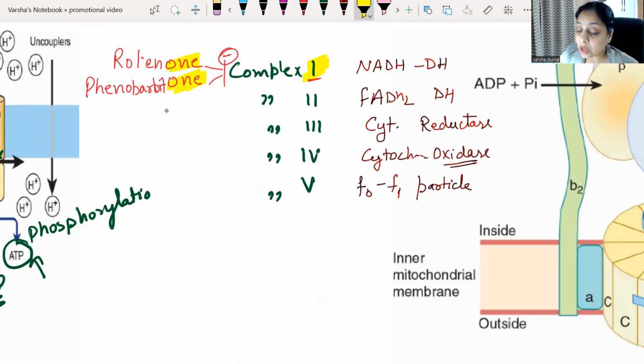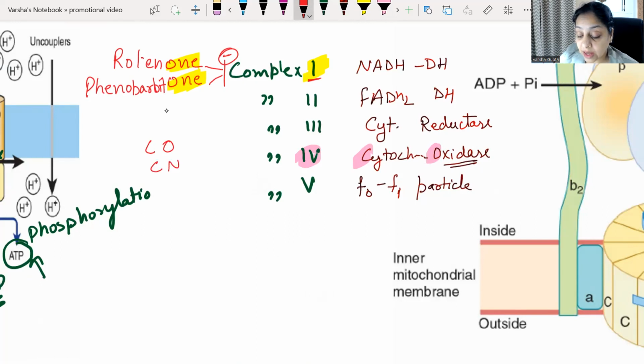Good. Now, the most commonly asked question in the exam about inhibitors is cytochrome oxidase, that is complex 4. If I write the initials, it is CO. CO is cytochrome oxidase, that is complex 4, and CO is also carbon monoxide, which is a poisonous gas.